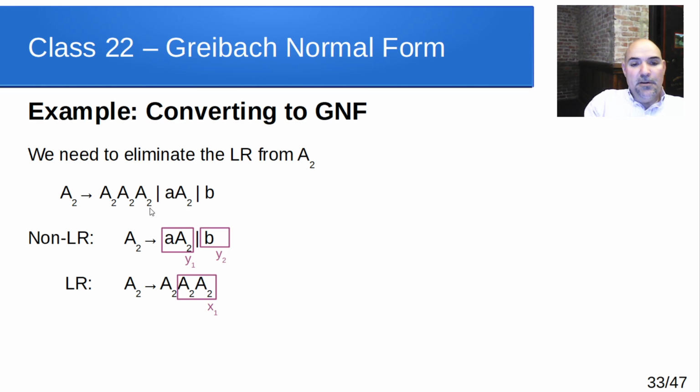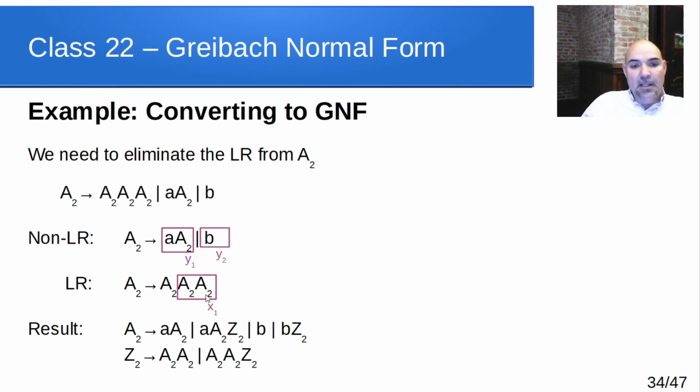Now the next thing we do is we identify those. The non-left recursive ones become the y's. The x's are the left recursive part after the variable. Then we create that new variable, and the non-left recursive part gets the new variable for all of those.